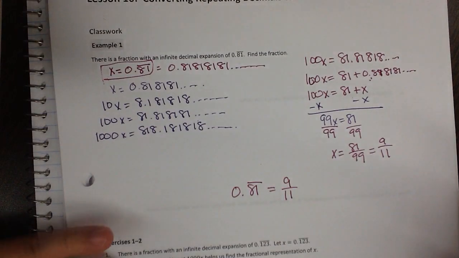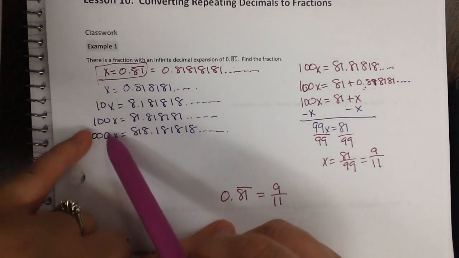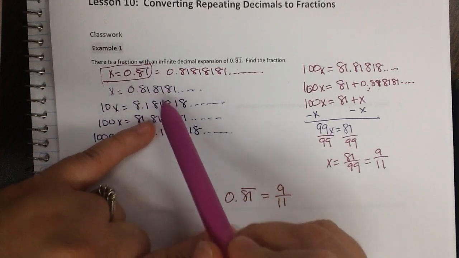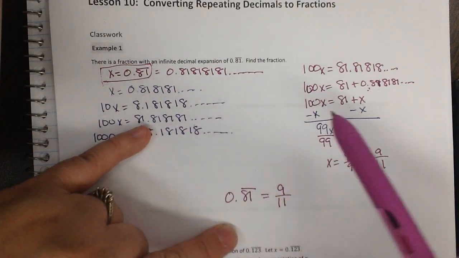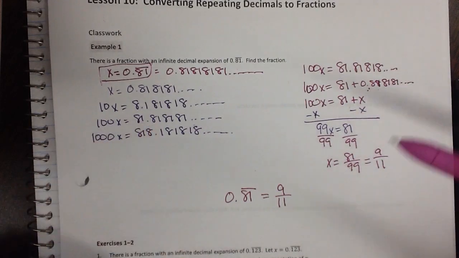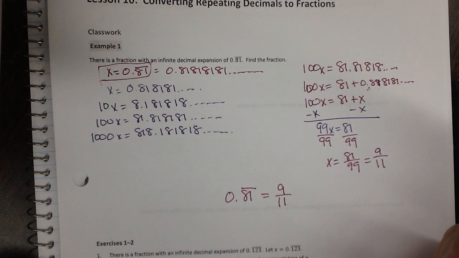Okay, so if we look at this, the goal is to multiply by a power of 10 so that whatever we set x to equal is after the decimal, so that we can add them together. And we're going to do several of these together.